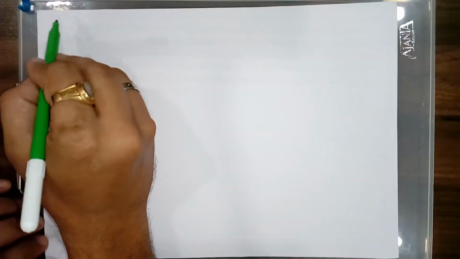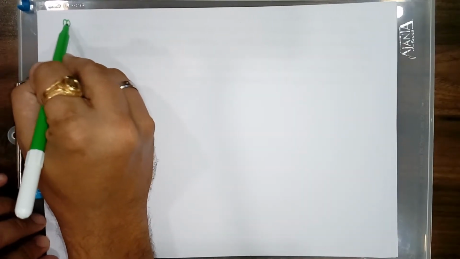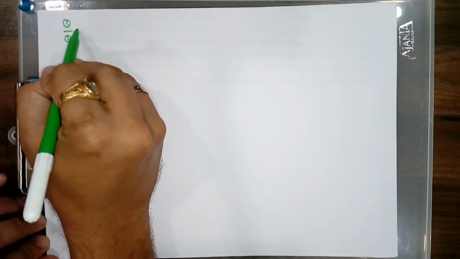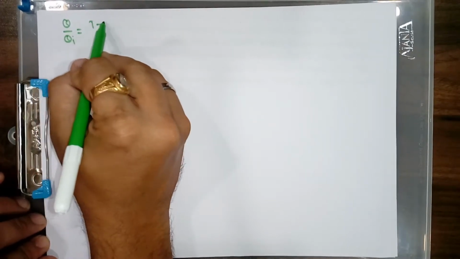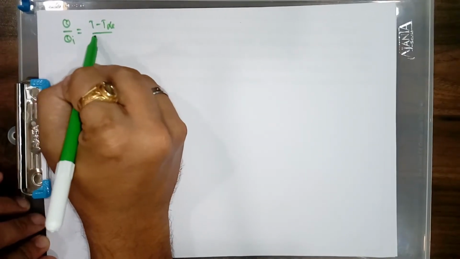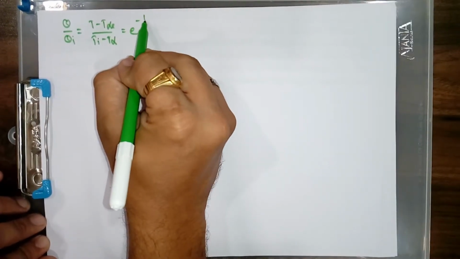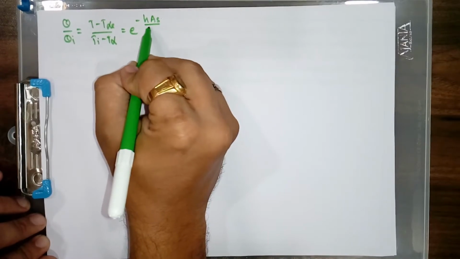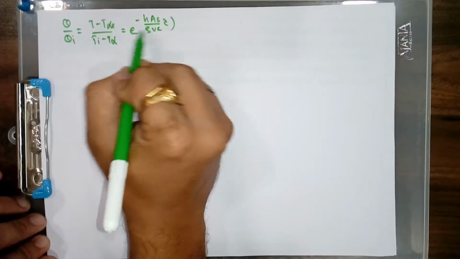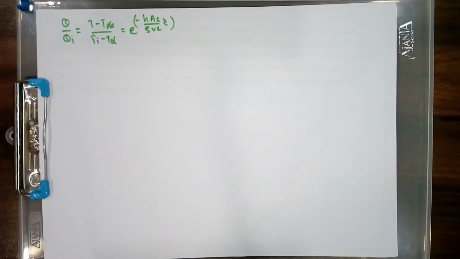In lump parameter analysis, we know the temperature distribution, that theta by theta i, which is equal to T minus T infinity upon Ti minus T infinity, equals e to the power minus hAs upon rho V c into tau. So in this equation, all the properties are given.